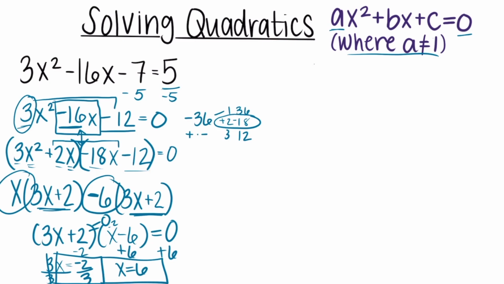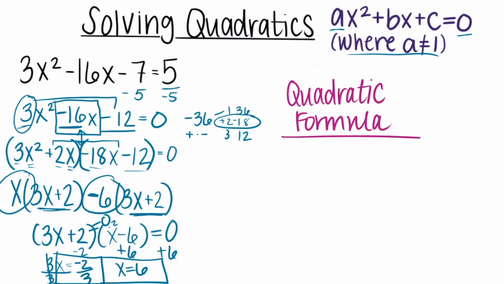Now there's actually a strategy that will work for any type of quadratic as long as it's in the form ax squared plus bx plus c equals 0. And that is called the quadratic formula.